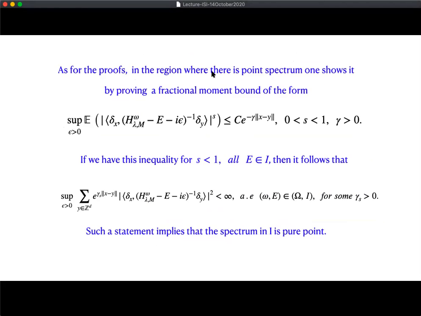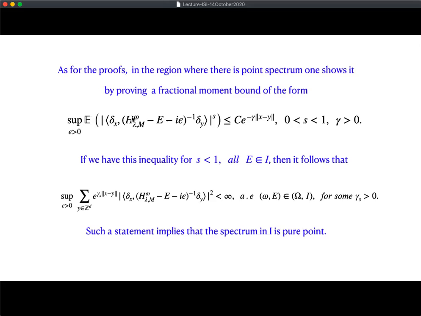So as for the proofs that there is a point spectrum, what one does is to show that there is only point spectrum, one looks at the resolvent kernel of this operator. I have these operators H_{lambda,omega}. This is gamma, and epsilon is positive. This is a complex number. And because this is a self-adjoint operator, a complex number is not in the spectrum.